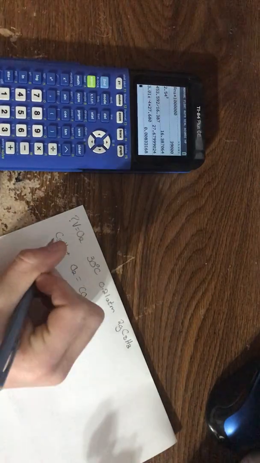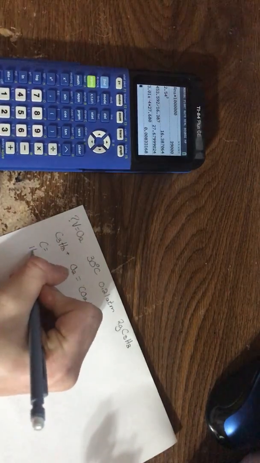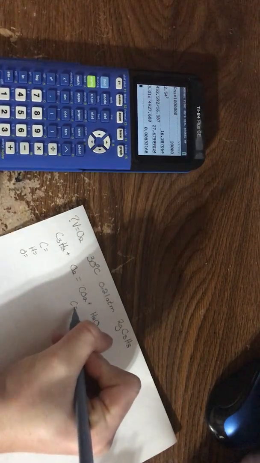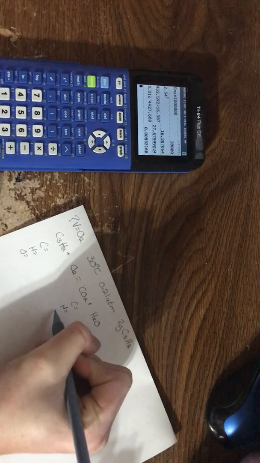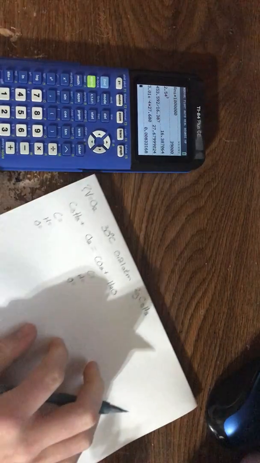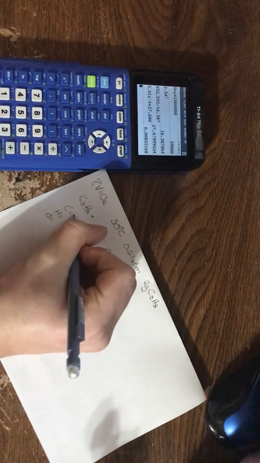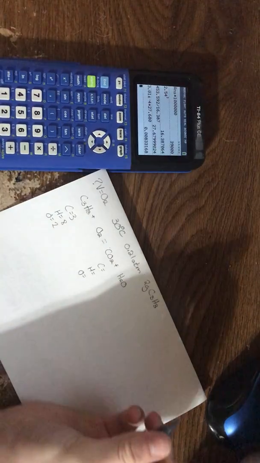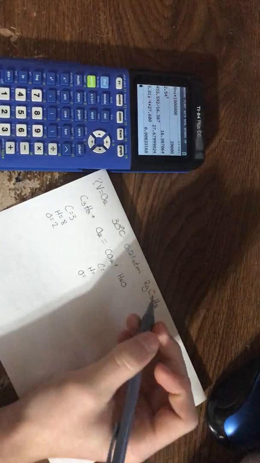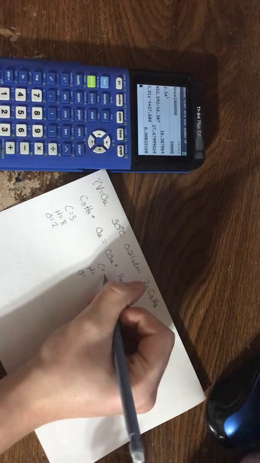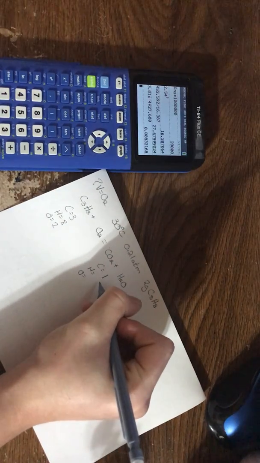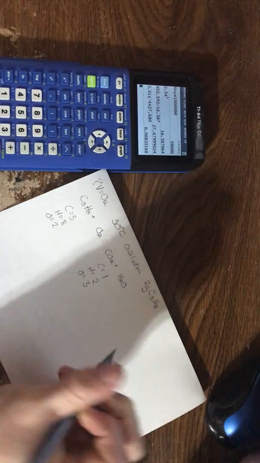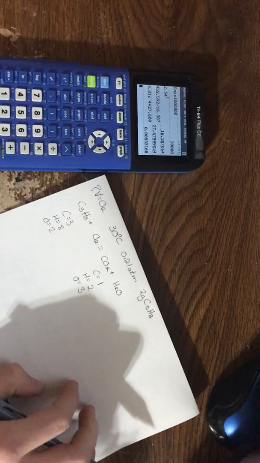Now to balance this, at the moment we have 3 carbons, 8 hydrogens, and 2 oxygens on the reactant side. On the product side we have 1 carbon, 2 hydrogens, 3 oxygens. So we need to get this balanced.